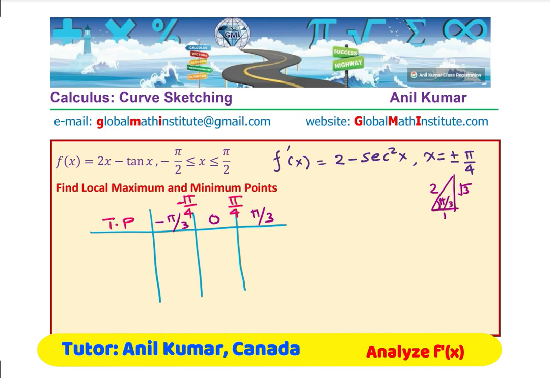Right. Now we are looking into 2x, and the other factor is minus secant square x. Correct. So as far as 2x is concerned, if I give a negative value, it is going to be negative, right? And if I give a positive value, it is going to be positive.